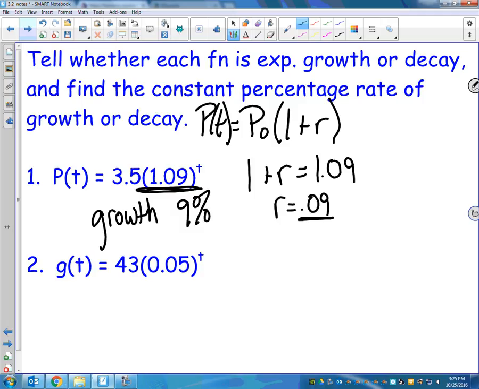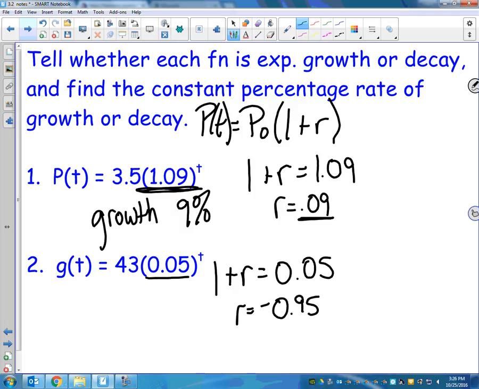So looking at number 2, think about what r would have to be on that one. 1 plus r equals 0.005. r is going to have to be negative on this, right? Or if you solve this equation, r is going to be equal to negative 0.95.